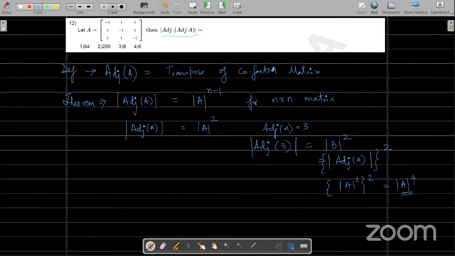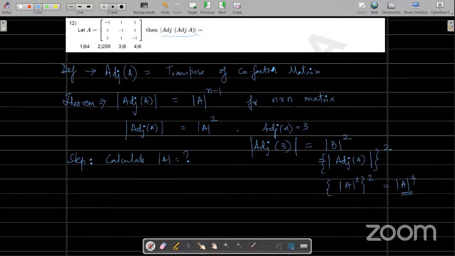So that's a simple idea which we can use and verify what is the correct answer. So next step will be to calculate the determinant of A and raise it to the power 4, so that should give you the answer.